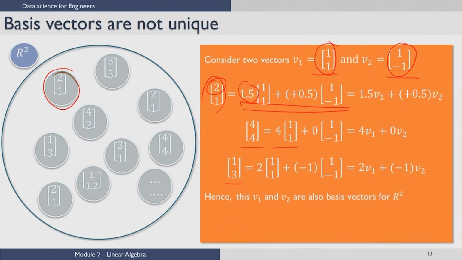An interesting thing to note here, though, is that I cannot have two basis sets which have different numbers of vectors. What I mean is, in the previous example, the basis vectors were 1 0 and 0 1, so there are only two vectors. Similarly, in this case the basis vectors are 1 1 and 1 minus 1, and there are still only two vectors.